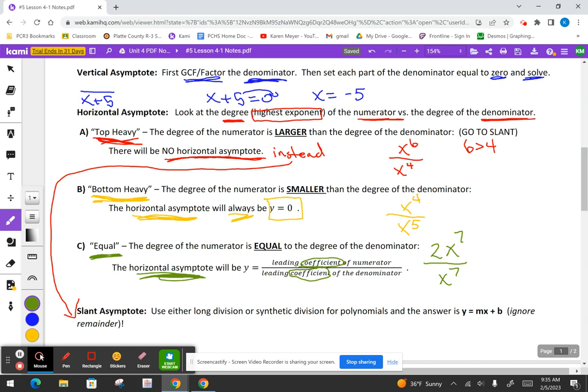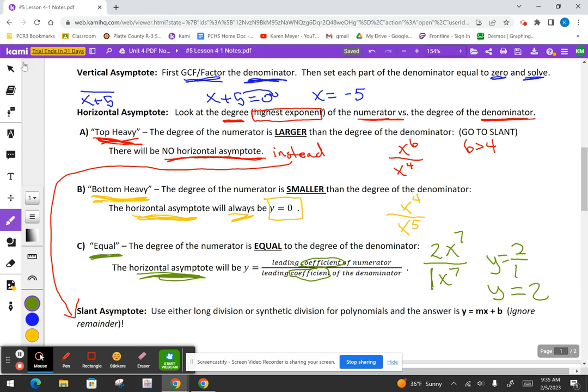So what's in front of x to the 7th on the top? Well, that is a 2. What's in front of the x to the 7th on the bottom? Well, if there's not a number listed, that's a 1. So you would have 2 over 1, which is just y equals 2.